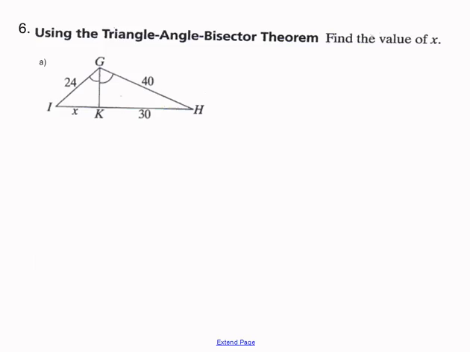Okay, now we've got the triangle angle bisector theorem. So we're going to be solving for x. I'm going to use this proportion first, so x over 24, and then I'm going to use this proportion here, so 30 over 40.